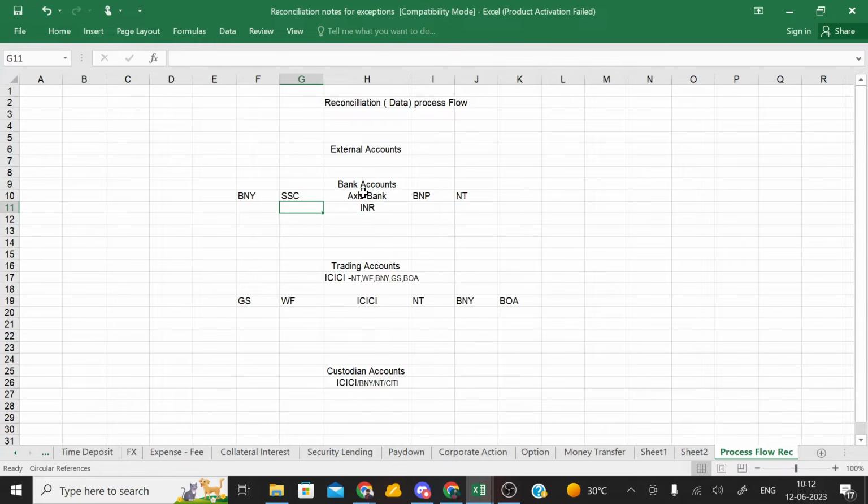Street you would see for, let's assume, USD, BNY for Euro, BNP for any Kuwait currency, and this is for the Thai THB currency. These are the currencies, right? So we have different bank accounts for different currencies.